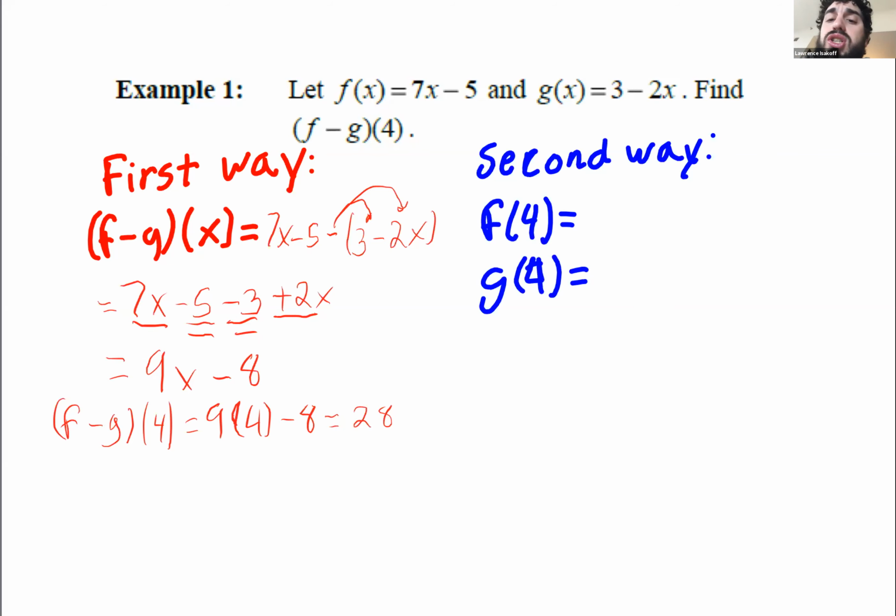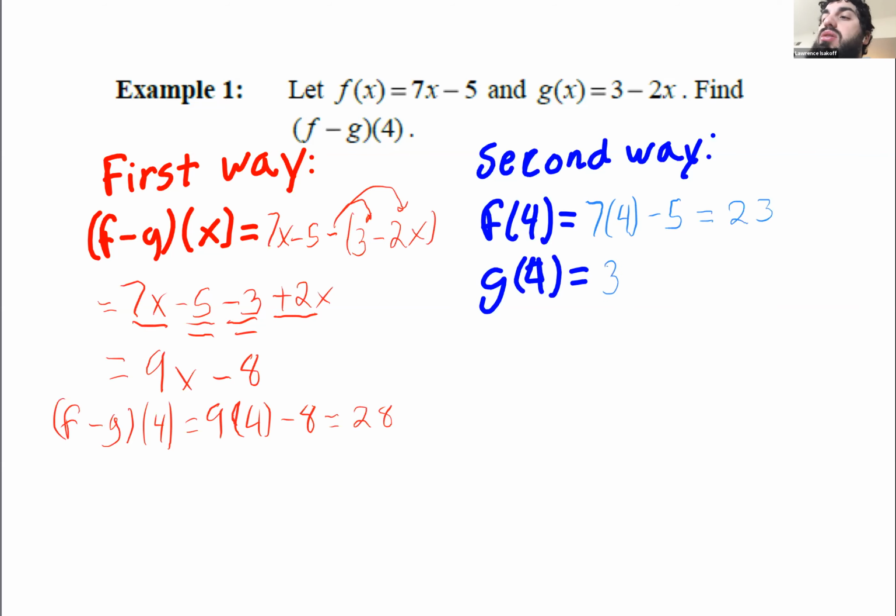So let's take a look at this other way we can handle this. The second way would be to find f of 4, g of 4, and then subtract them. So I'm going to do 7 times 4 minus 5. 7 times 4, that's 28. 28 minus 5 is 23.